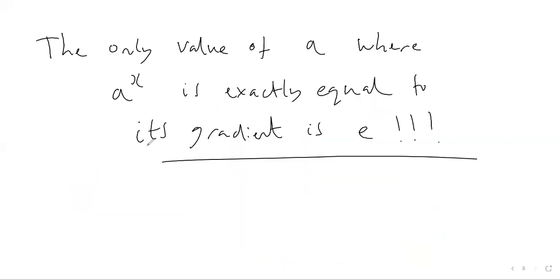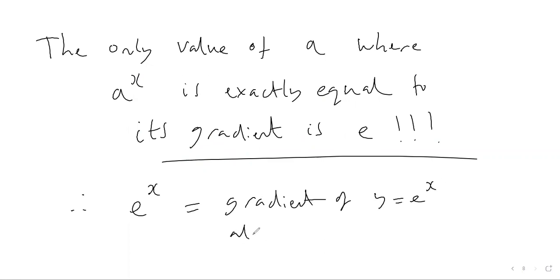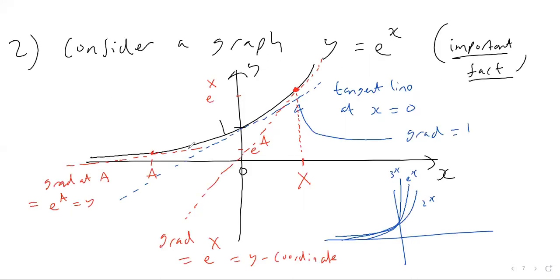I've just summarized it here. The only value of a where a to the power of x is exactly equal to its gradient is e. So what we can therefore say is that e to the power of x is equal to the gradient of y equals e to the power of x at x. The gradients of these tangents at these particular x coordinates are equal to the y values at those x coordinates.